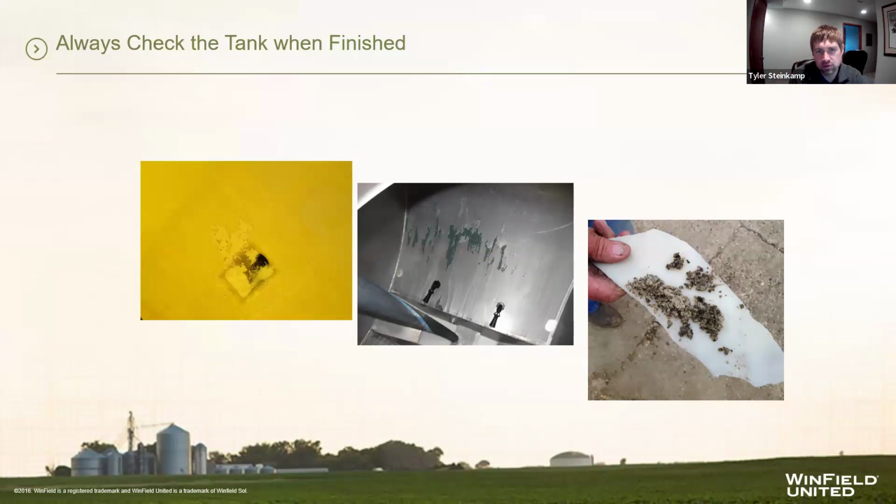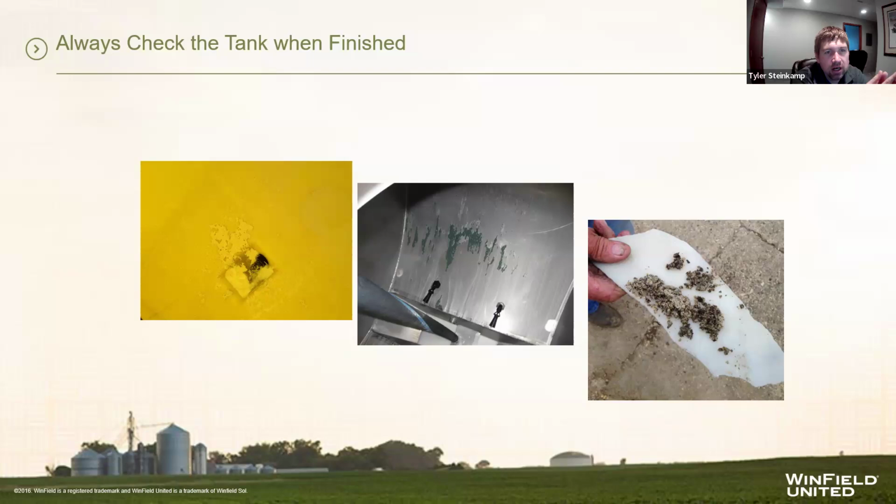Then you're going to use those tank rinsing nozzles as well. Then we're going to add in our tank cleaner. And guys, if you have the time, it's never a bad idea to let that sit overnight, spray that out, and then put water back in and make sure that we're getting everything out of that spray tank.